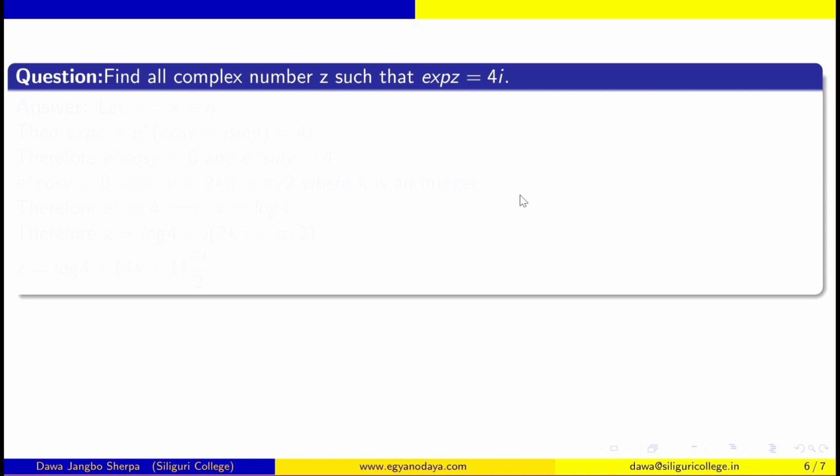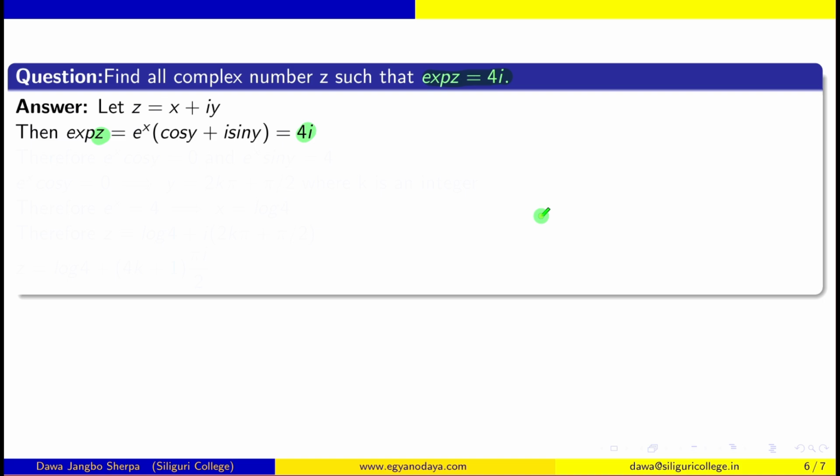Let's do one question. Find all complex numbers z such that exp z is equal to 4i. We consider the complex number z equal to x plus iy. Then exp z can be written as e^x (cos y + i sin y), which is equal to 4i by the equation.